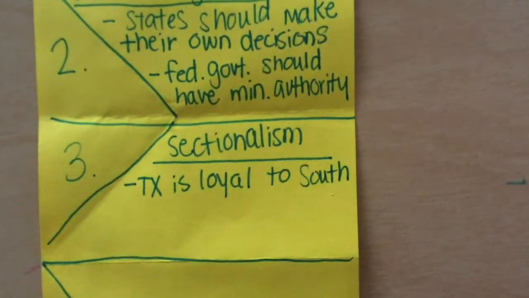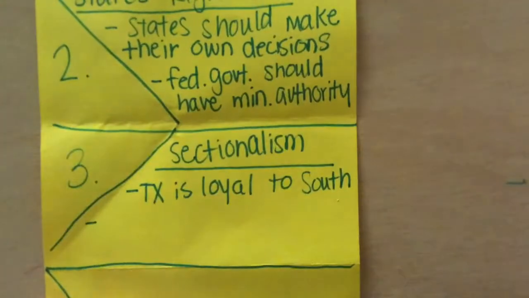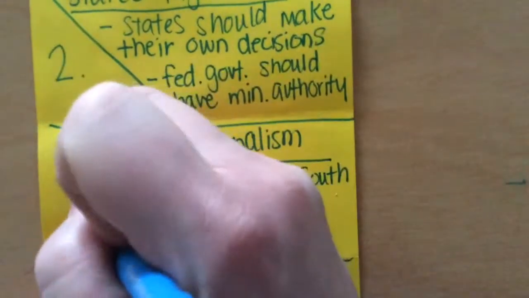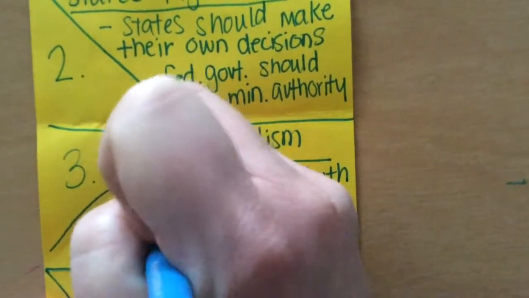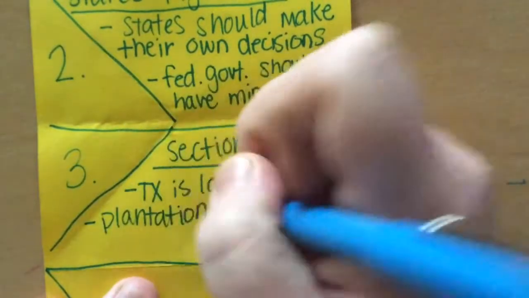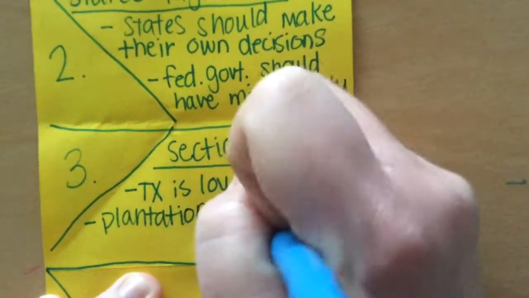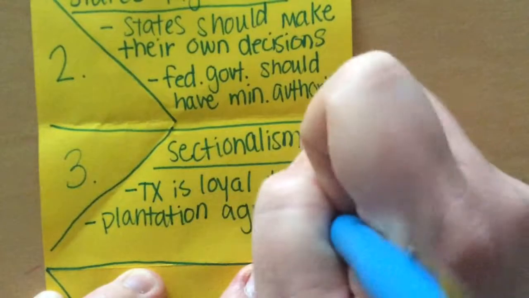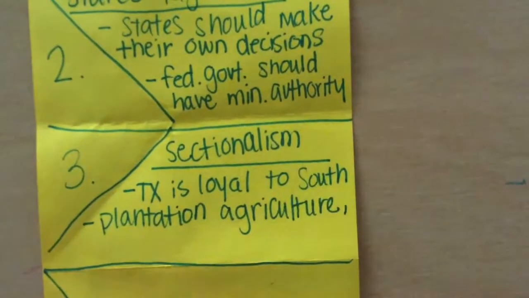So they're going to side with the South. If there's a war, we're going to be on the side of the South regardless of what the war is over. Also, we have Southern values in our state, which means that we value plantation agriculture, massive farming is what that means.